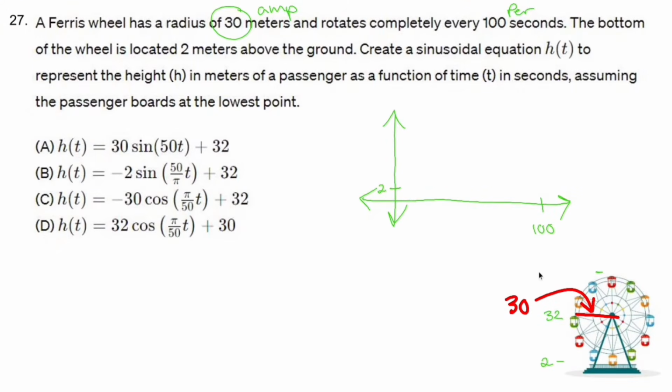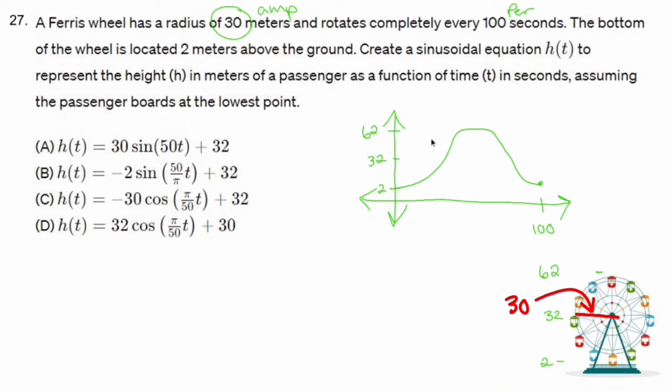And at the very top of everything, we're at 62 because 32 plus 30 is 62. So 2, 32, 62. We start at the bottom, just like Drake, and then we make our way up and come back down with that perfect picture right there.